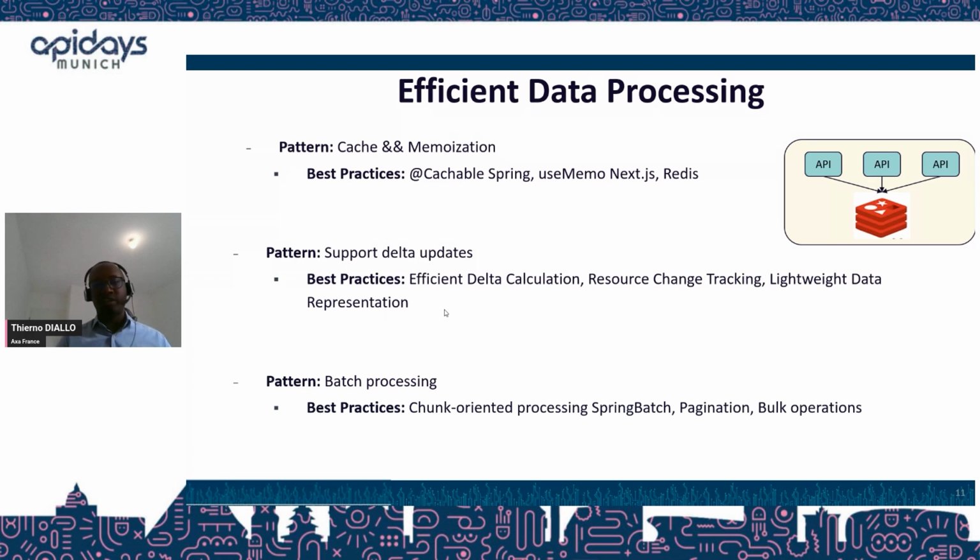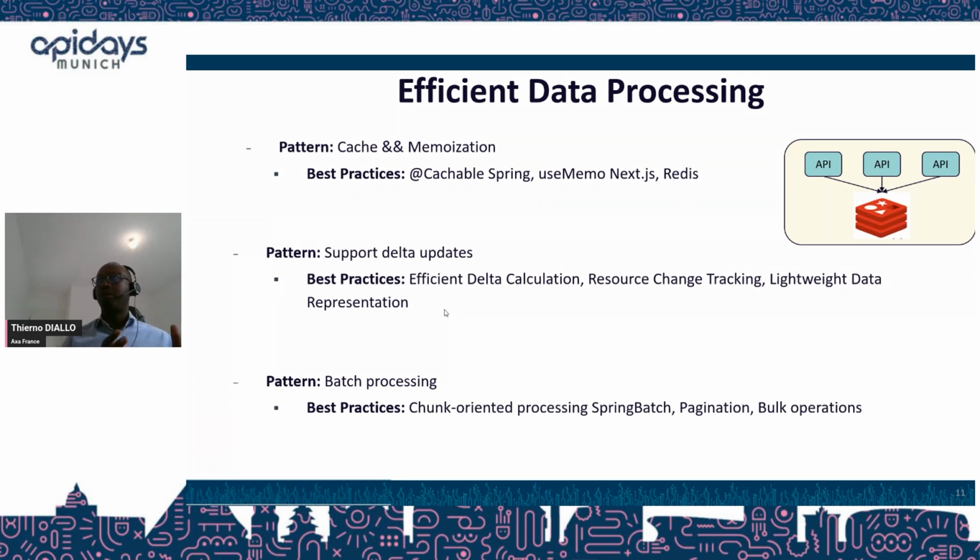When you have billions of data records, instead of sending all of them every time you change something, you can try to have some kind of efficient delta calculation, in order to send to the servers just the data that changed over time.